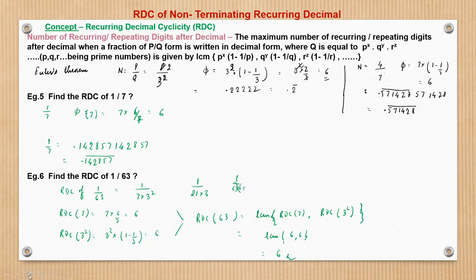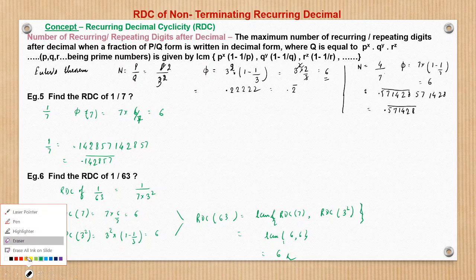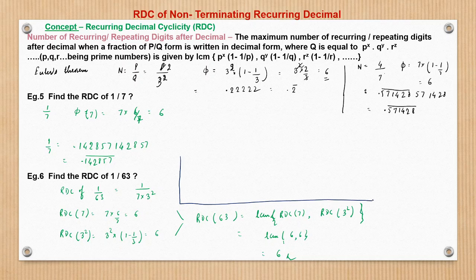That is the first way. Now the second way, method 2. It is not very distinct from method 1. 1 upon 63, we prime factorize this: 3 square into 7 is the prime factorization of 63.